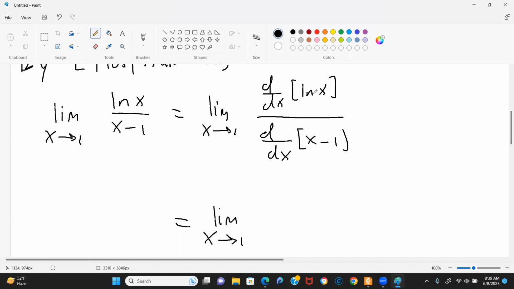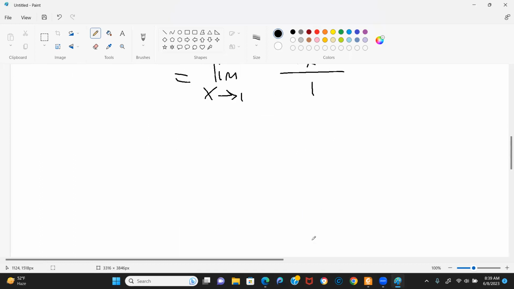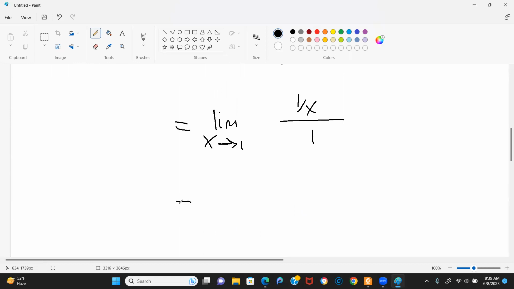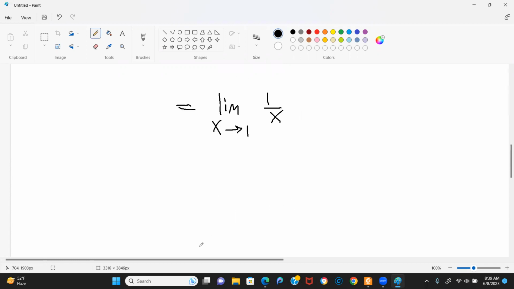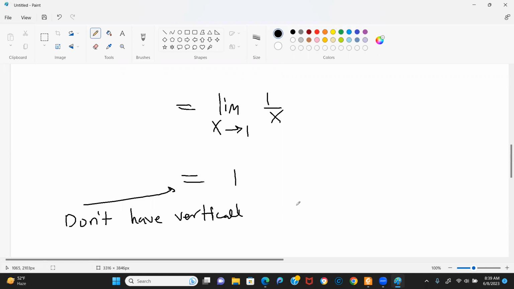All right, so now what's the derivative of ln x? That's just 1 over x. And then the derivative of x minus 1 is going to be 1. So what I end up with is the limit as x goes to 1 of 1 over x, and that's just going to be 1. So what this shows is that I actually don't have a vertical asymptote at x is equal to 1.